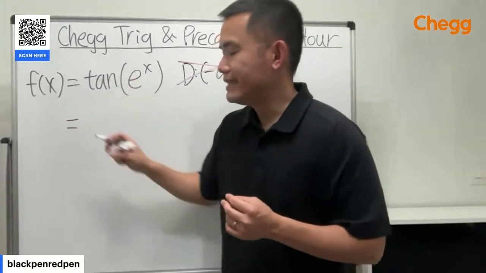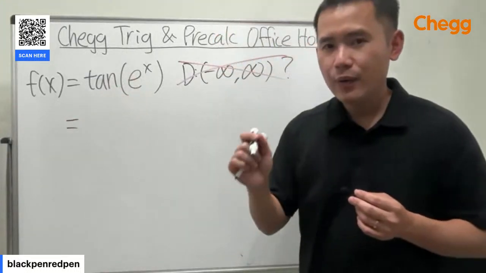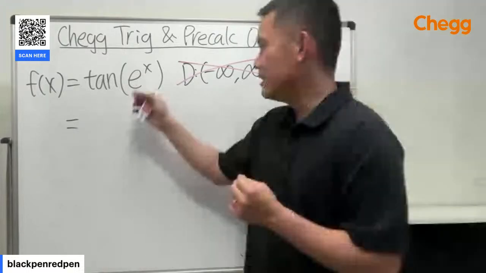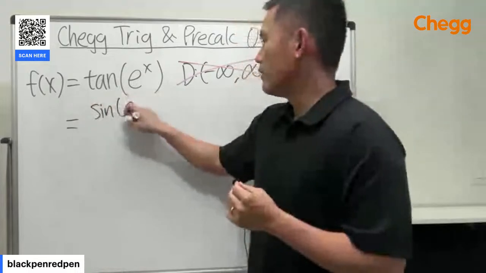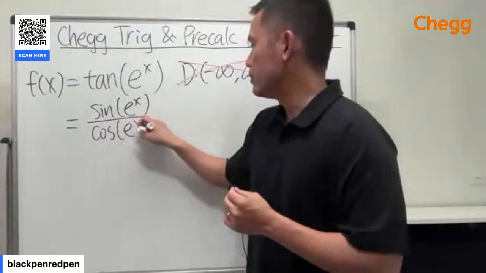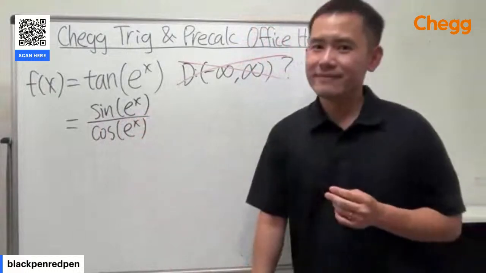Because when you have tangent, this is secretly a fraction. This is sine of e to the x over cosine of e to the x.